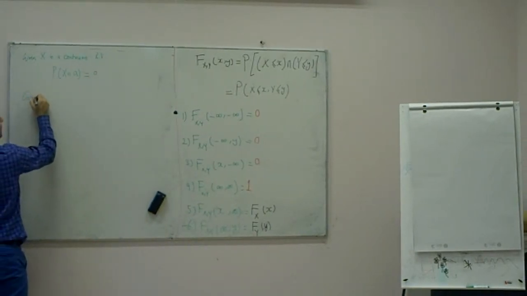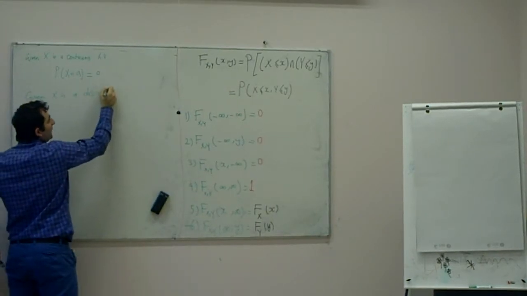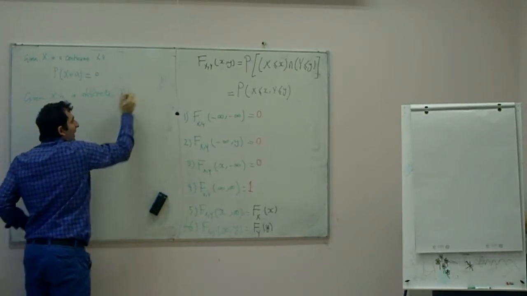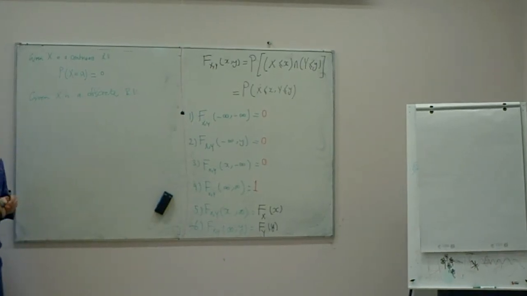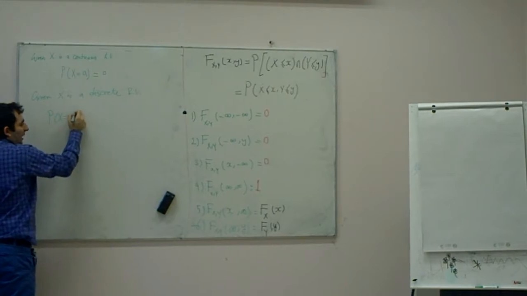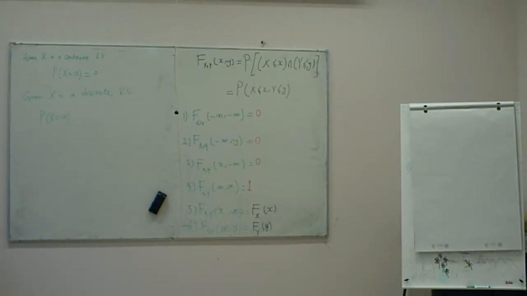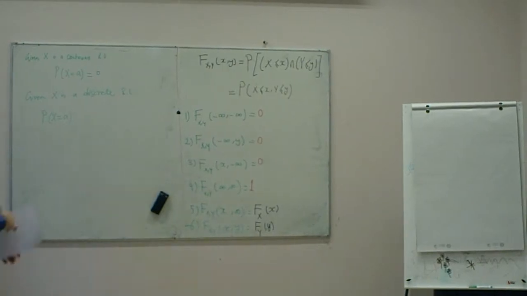But given X is a discrete random variable, the probability of X is equal to a is calculated by this formula.